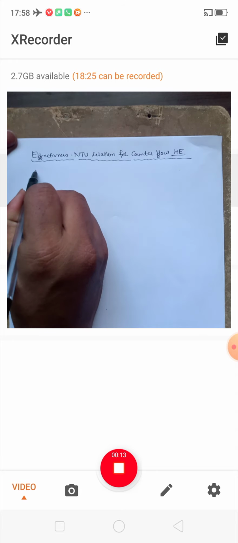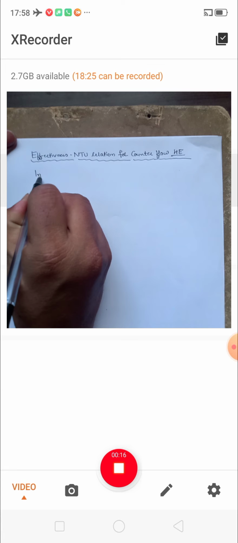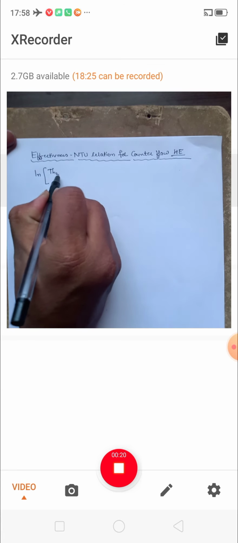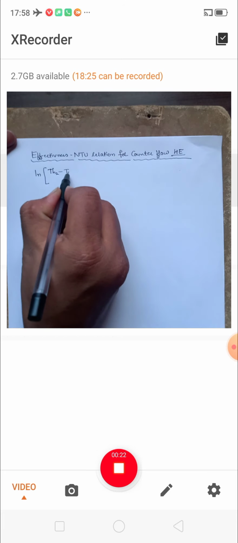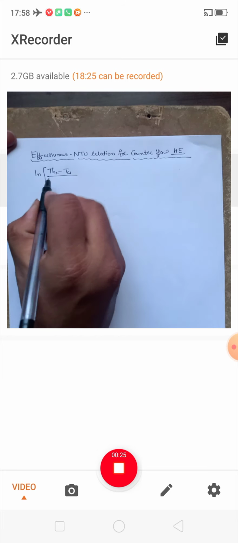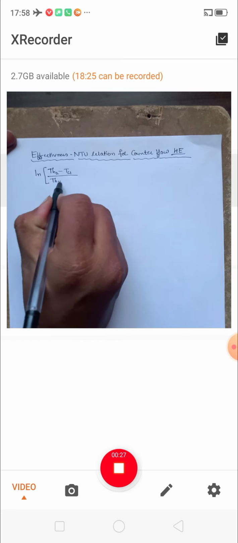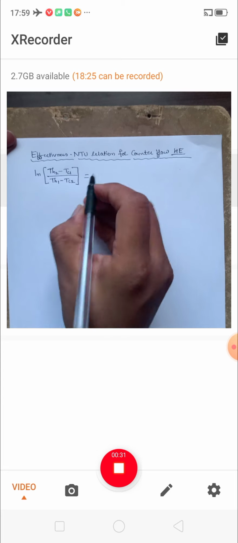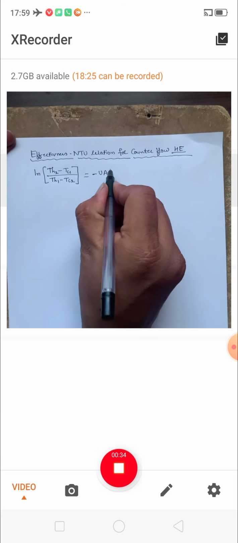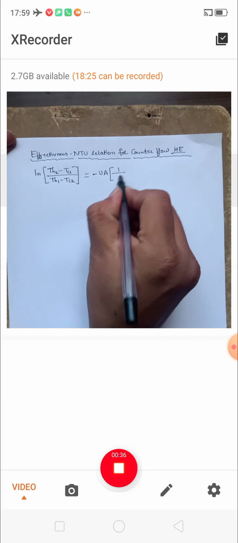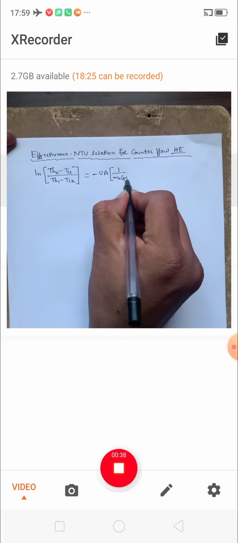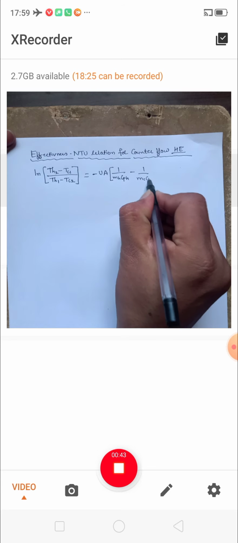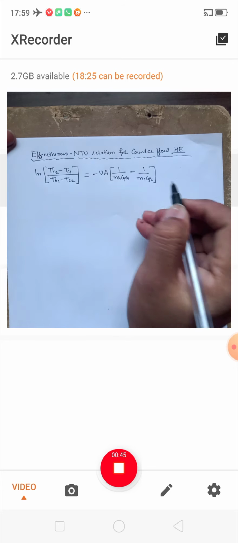Already in the previous classes we have written this equation for counterflow heat exchanger: log of (TH2 minus TC1) divided by (TH1 minus TC2) will be equal to minus U into A into [1 divided by MH into CPH minus 1 divided by MC into CPC].